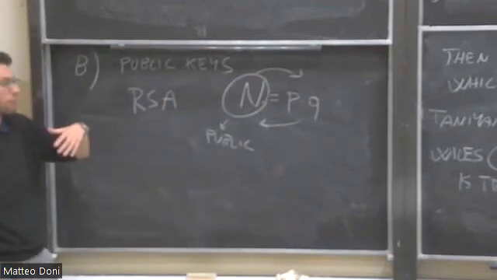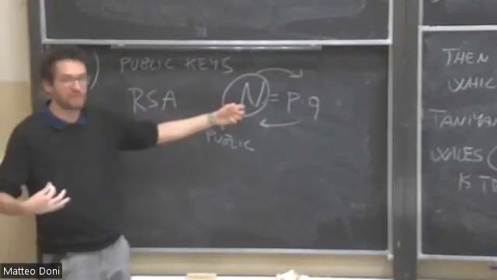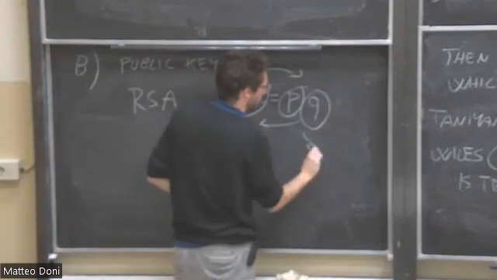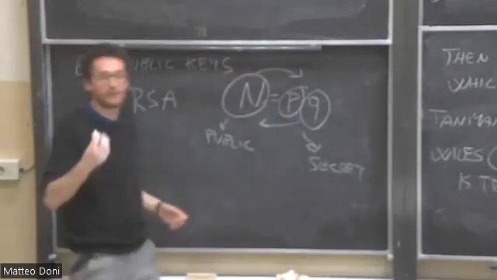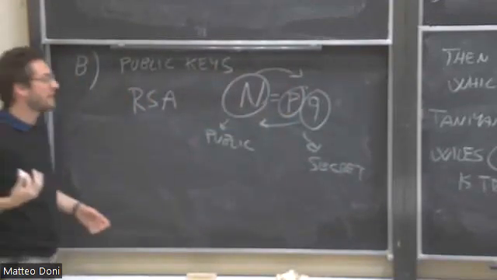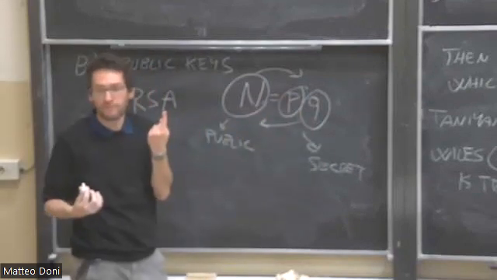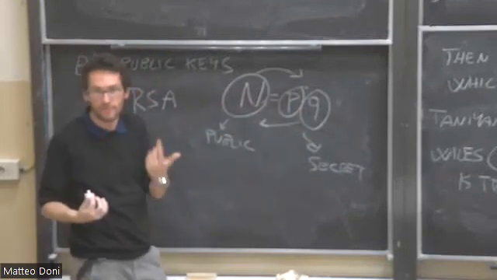Everybody working in the system, exchanging messages in the system, knows this number. But the two primes here are secret. You can decodify your message only if you have at least one of the primes.